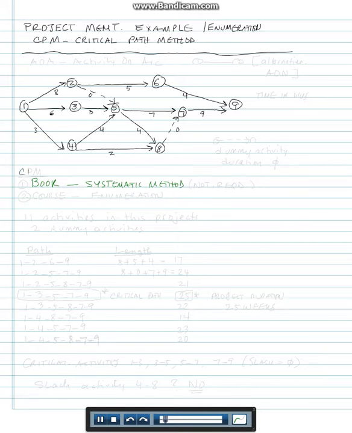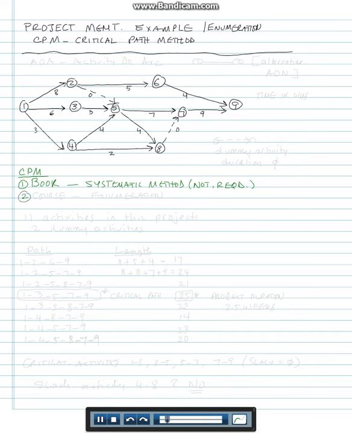CPM can be done using the systematic method, and that's not required in this course. It's too detailed, and it's for more of a required course on project management, which this is not.